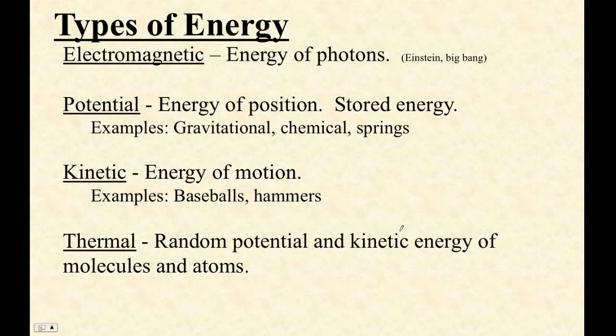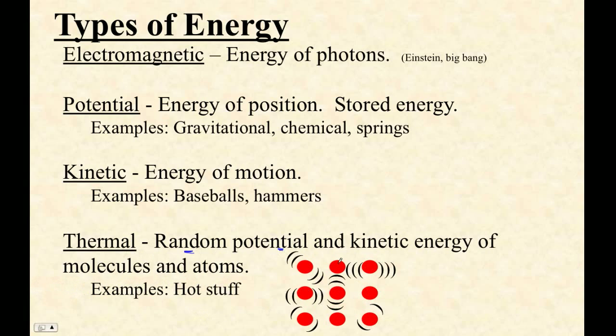And then thermal energy, finally, is just random kinetic and potential energy of molecules and atoms. I like my examples, hot stuff. But this is the idea: this is a solid. Imagine that this thing is really just a bunch of steel ball bearings connected by springs. We can draw all these little springs like that, and they're just vibrating back and forth on the springs.